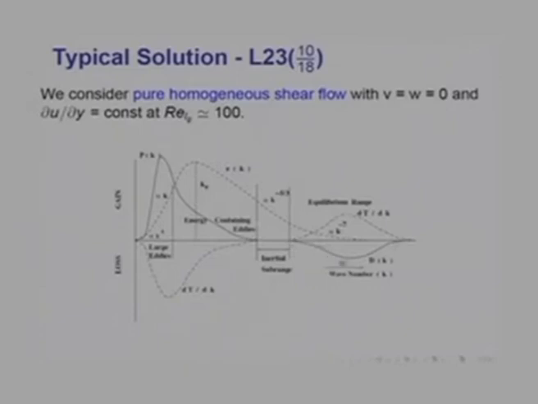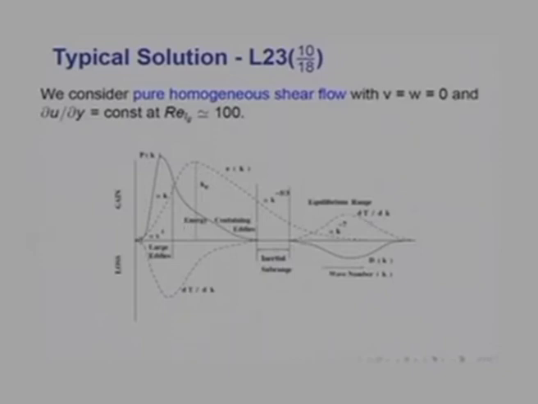As you can see, it is shown as negative dissipation, which occurs at very, very large wave numbers, and the transfer term becomes positive at large wave numbers and again dies down. And of course, as we would expect, the area under the negative part of the transfer term must equal the area under the positive part of dT by dk, so that the net area is 0.